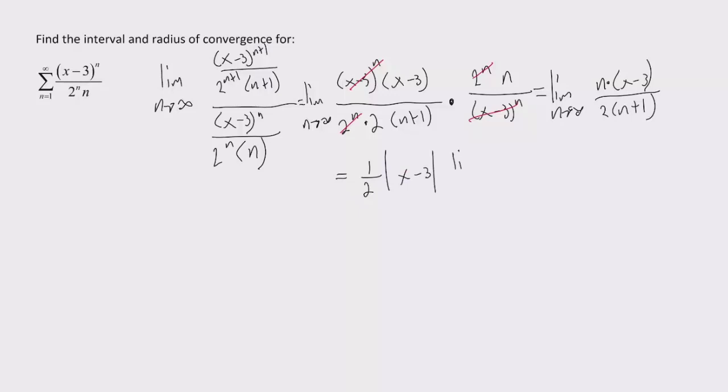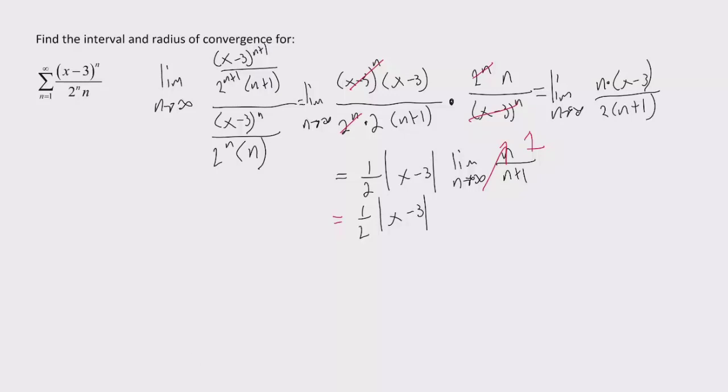And then we're left with the limit as n approaches infinity of n over n plus 1, right? And that term essentially is going to be 1. As n gets larger and larger, the numerator and denominator aren't really going to make a difference there. So that's going to equal 1, right? So we're left with this 1/2 times the absolute value of x minus 3.